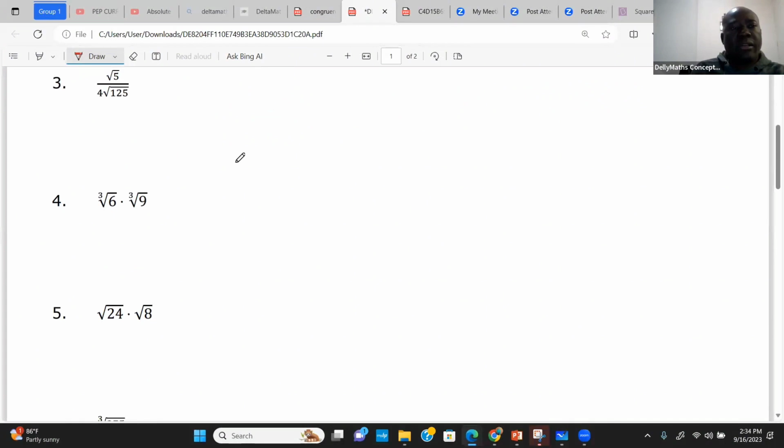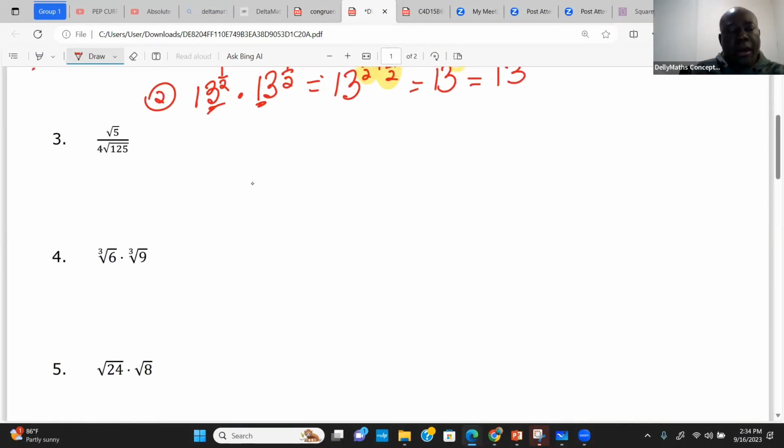All right, so let's take a look at this question here. If I have the square root of 5 all over 4 square root of 125, there are a few ways I could go about this, right? So let's take a look at this.